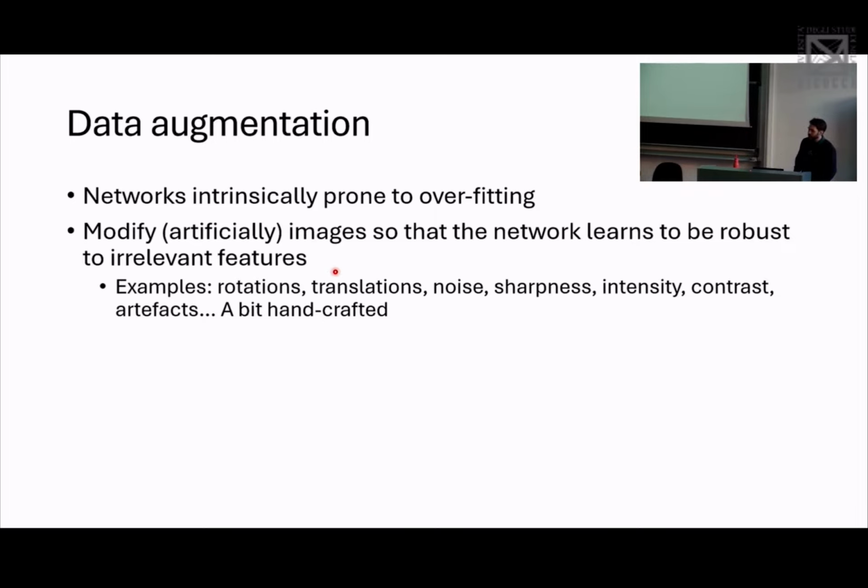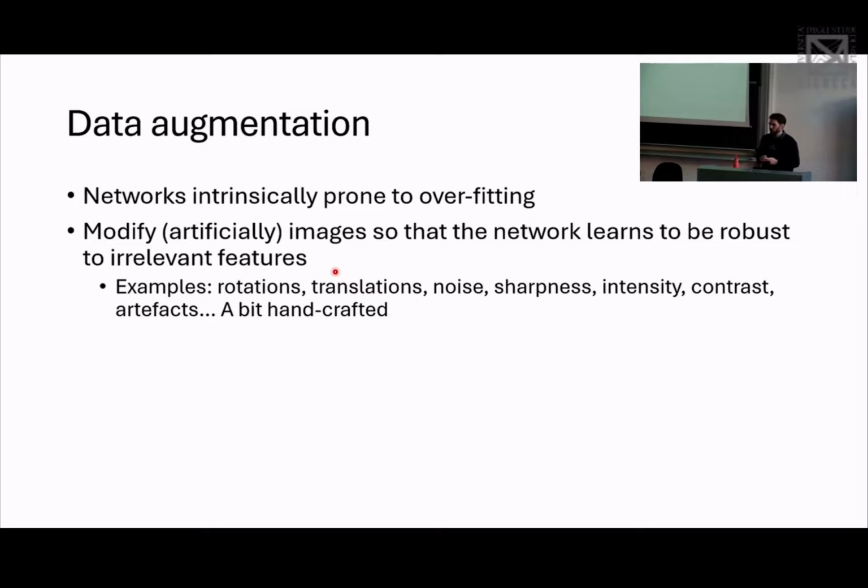That's not really the case, but what you can actually do is modify the images artificially so that the network learns what not to learn, so irrelevant features. As an example, rotations and translations are for sure irrelevant.